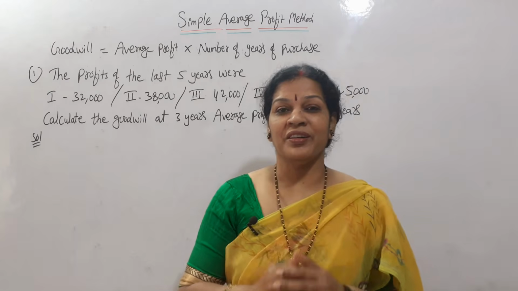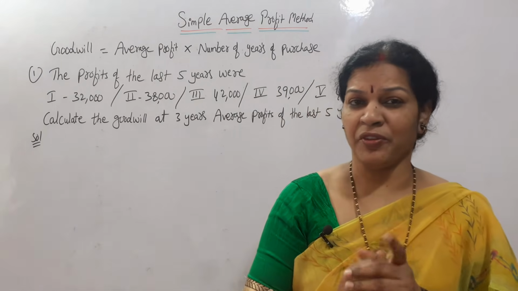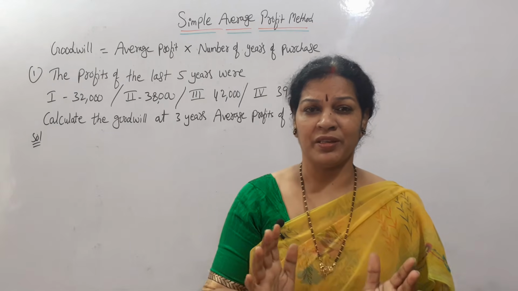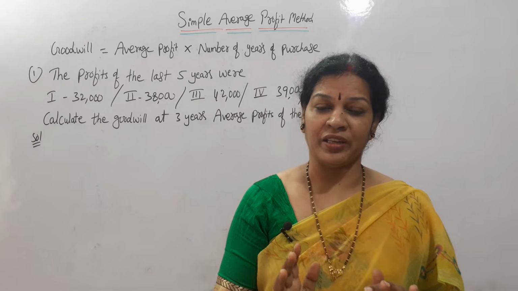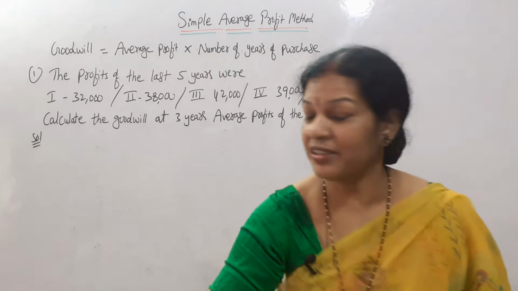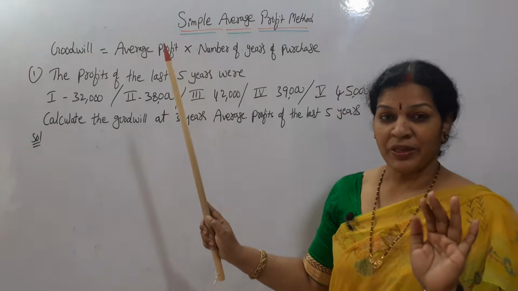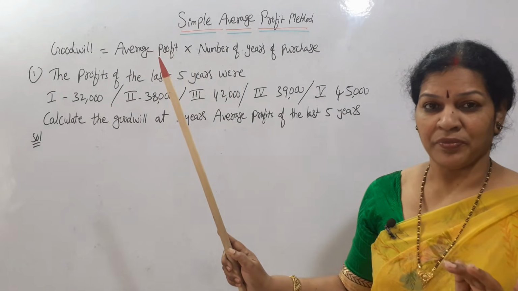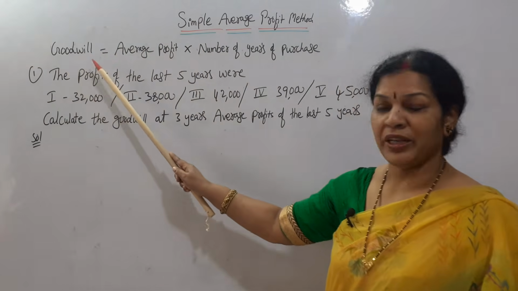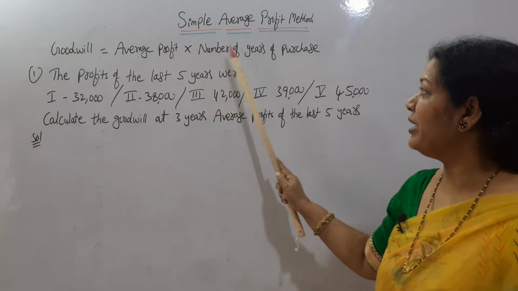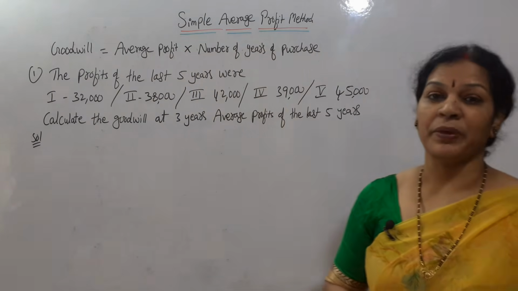Now coming to this simple average method, the formula is also simple, nothing to worry. Simple average method means we have to calculate the average. First we calculate the average of the profits, and after that, goodwill is equal to average profit into number of years of purchase.